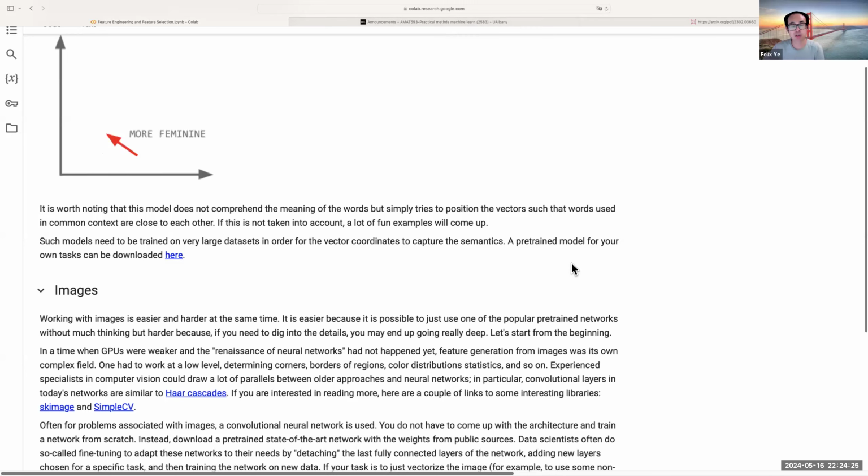We just take a pre-trained model for our own task, download it, and use it. We never actually train word to vectors ourselves.